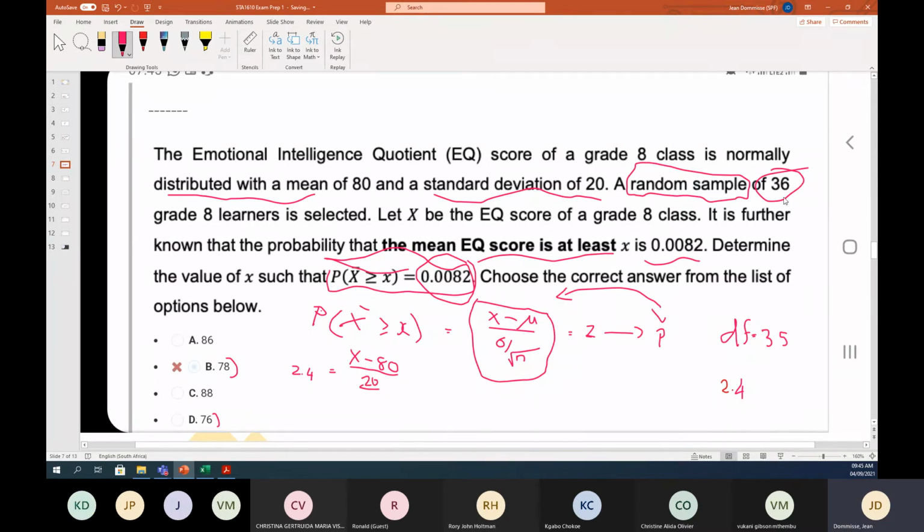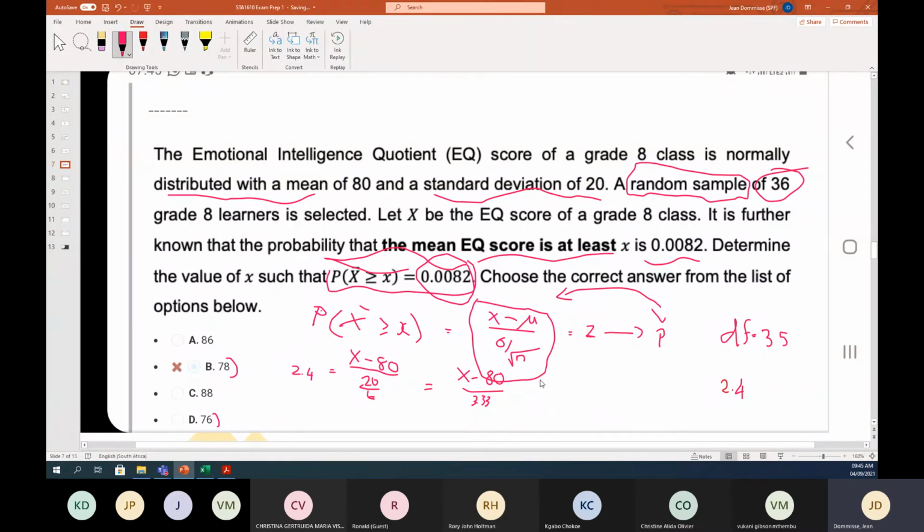The sample is going to be the square root of 36, which gives you 6. So it's x minus 80 divided by 20 divided by 6, which is 3.33. Now I'm worried about rounding off, but let's just take that.